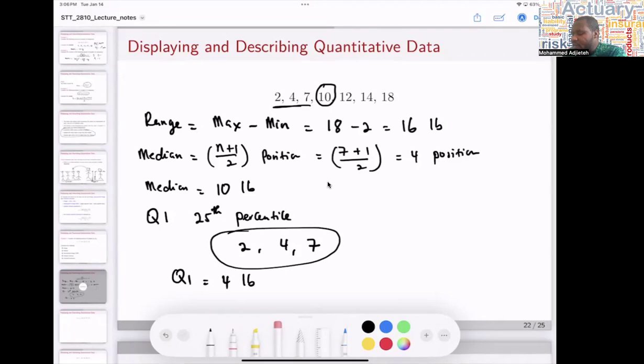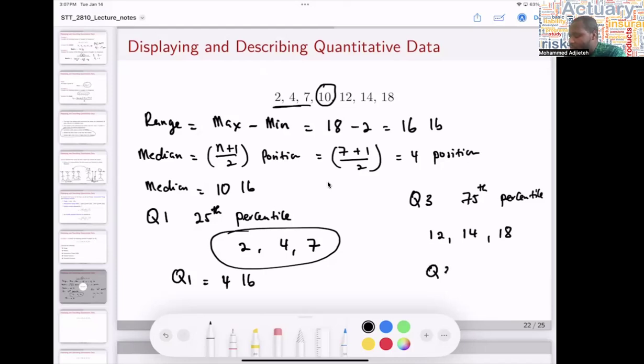Let's try to find Q3. Q3 is also the 75th percentile. So that is the upper data set, all data that are greater than the median. So we have 12, 14, 18. And then we find the median of this. What is the median of this?